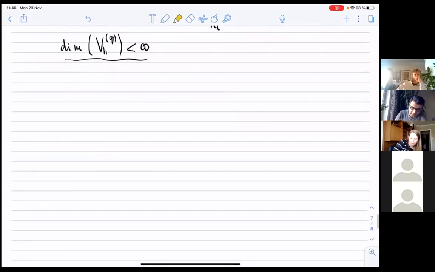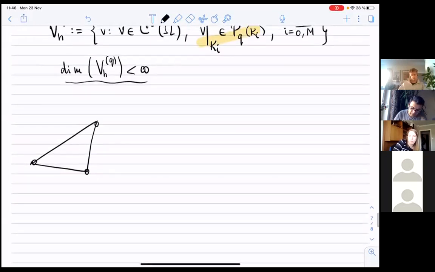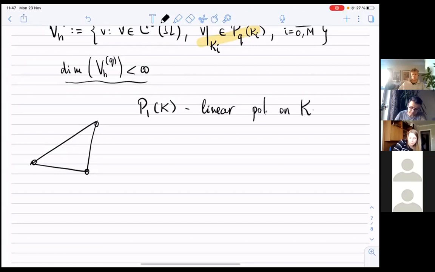So if you take one triangle, for example, here, how to construct this space of piecewise linear, so it is linear polynomials on K. So you take one triangle, we learn how to construct these polynomials.